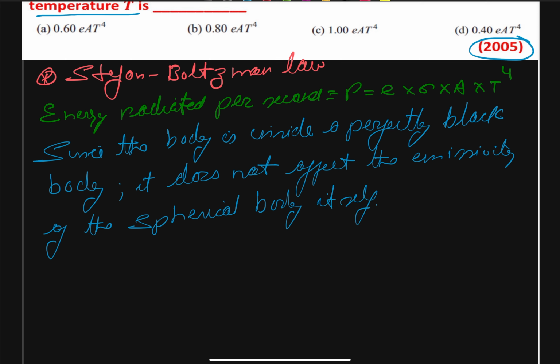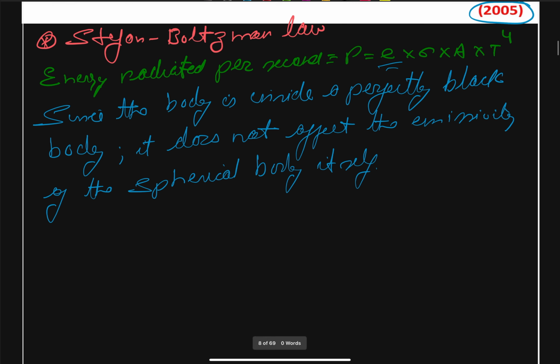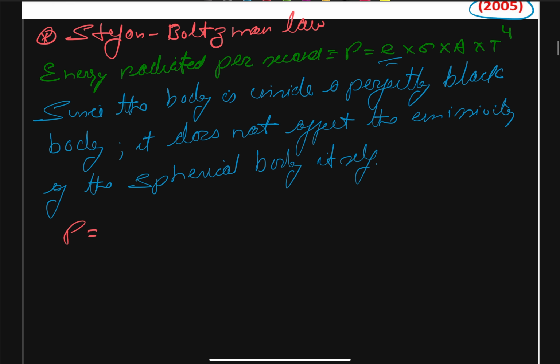So therefore this Stefan-Boltzmann law can be directly used. We are only given the value of emissivity, therefore we can write that our power will be equal to 0.6 times the Boltzmann constant, area, and T raised to power 4.